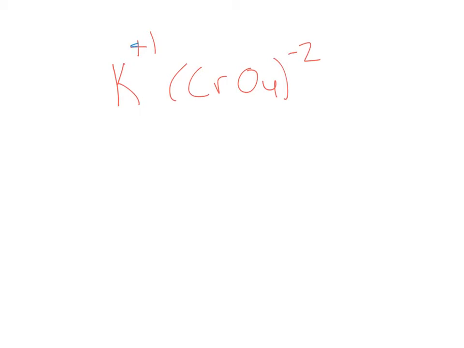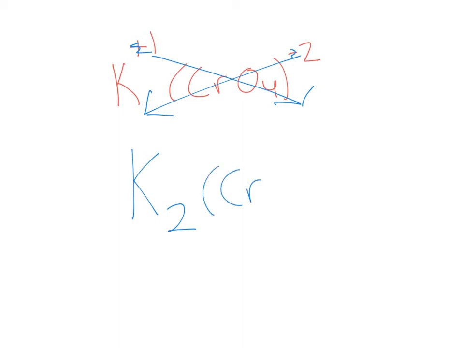Your 1 goes down here. Your 2 goes down here. So you're going to have potassium with a 2 subscript, then in parentheses CrO4. And you do not need to bring the 1 down because it is understood that there is a 1 there if you wrote out the entire polyatomic ion. So this would be what you would write for potassium chromate.